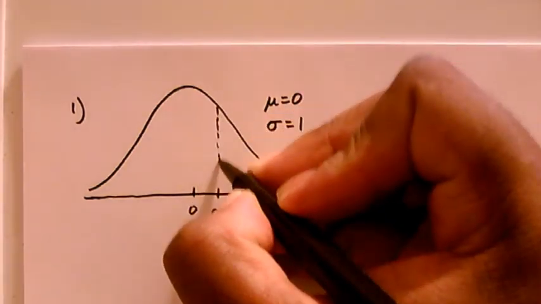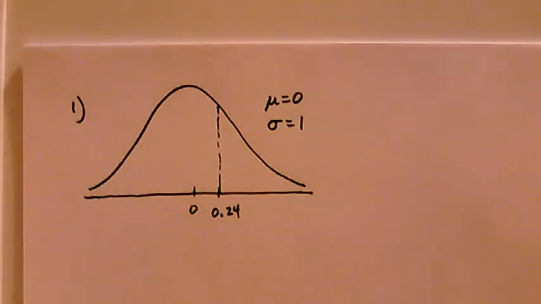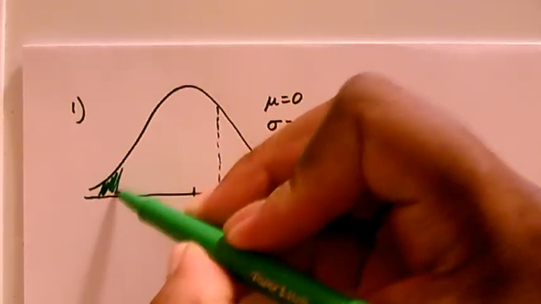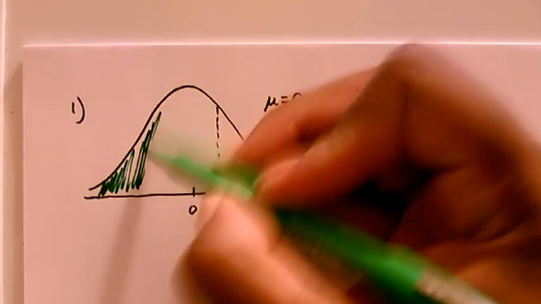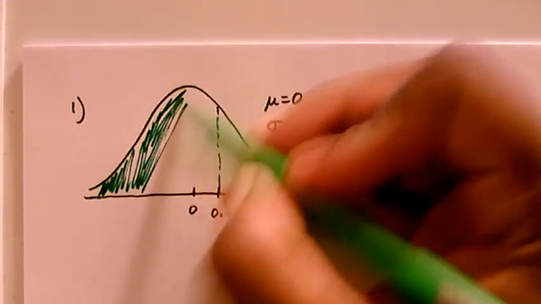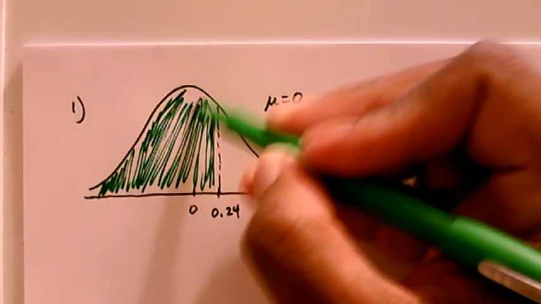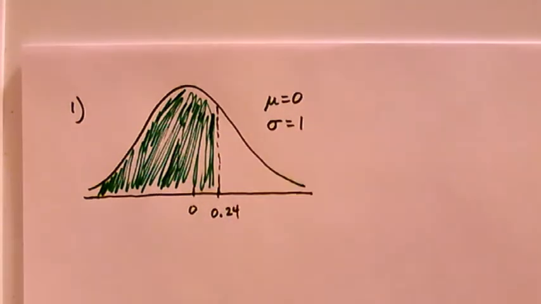So this is the boundary line that we're looking for in that particular problem, and we're told that we want to find the probability that a thermometer will have a reading less than 0.24. Well, less than means we need to shade everything to the left of 0.24. So this is the shaded area that we are looking for.